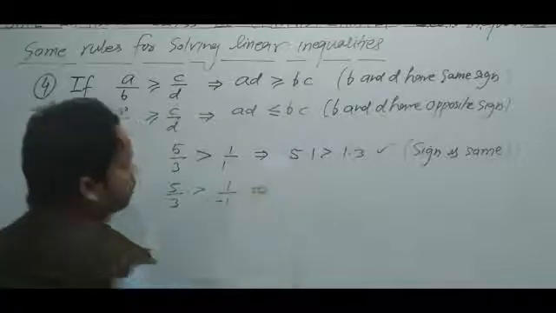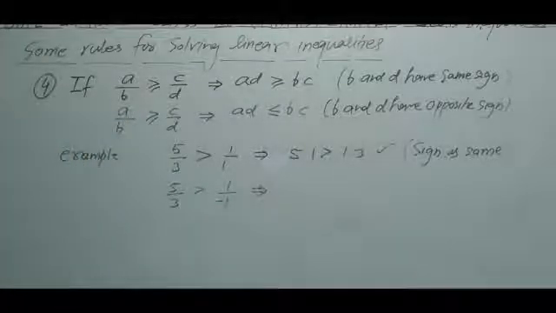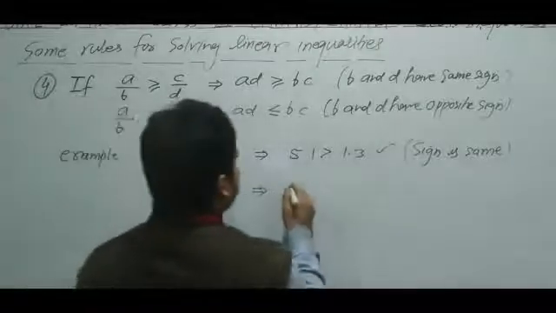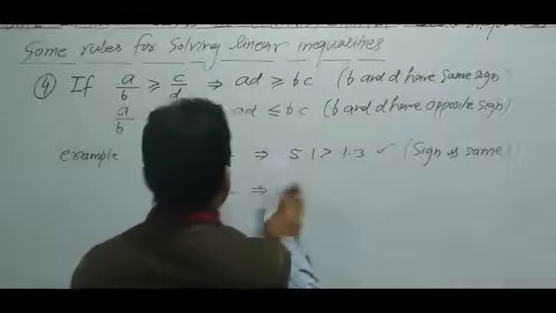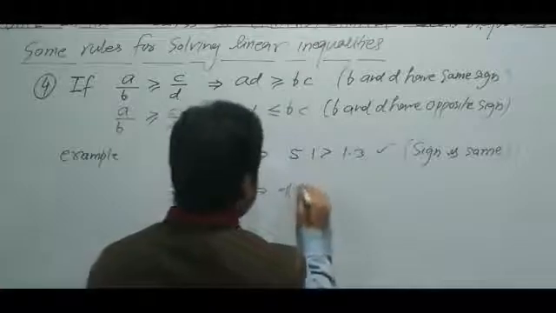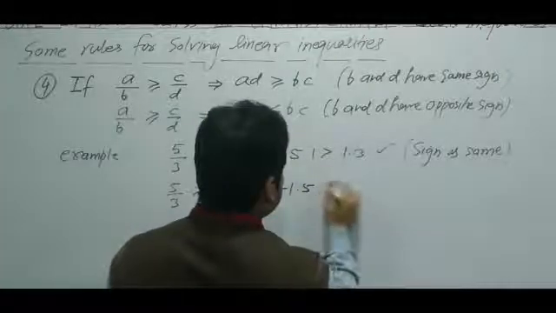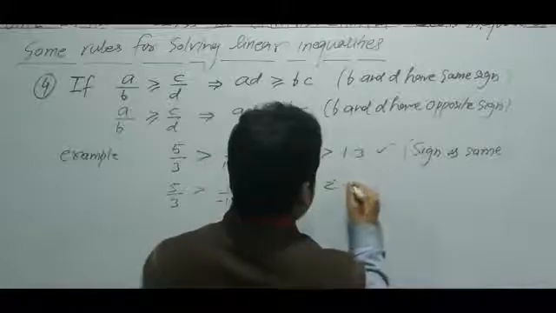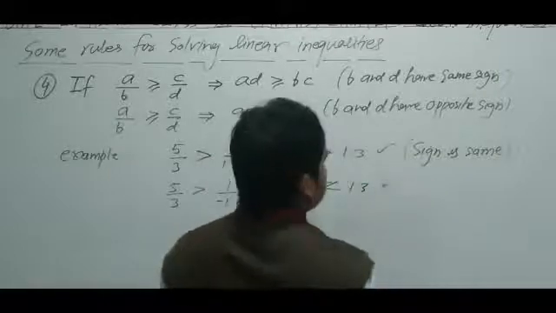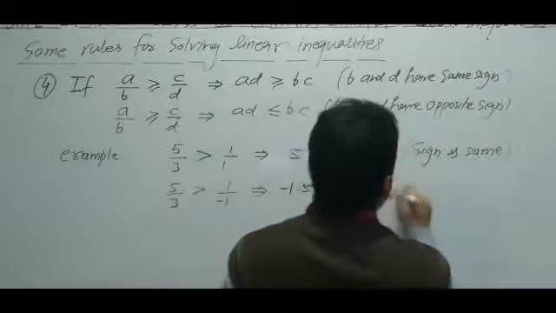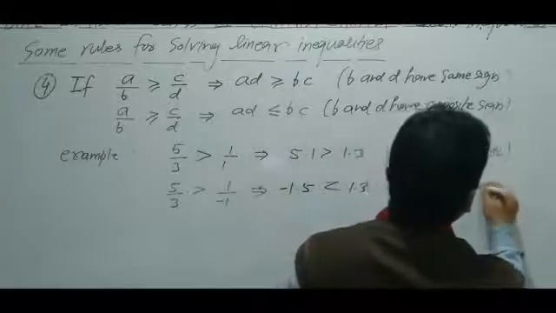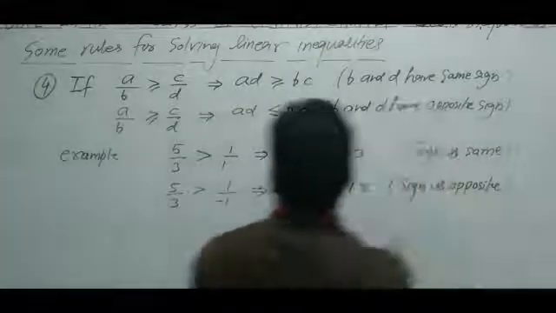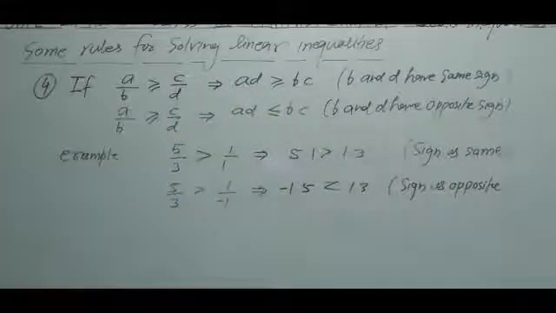In this case, this will be minus 5 into 1 is less than 1 into 3. The sign is opposite. Now you can see.